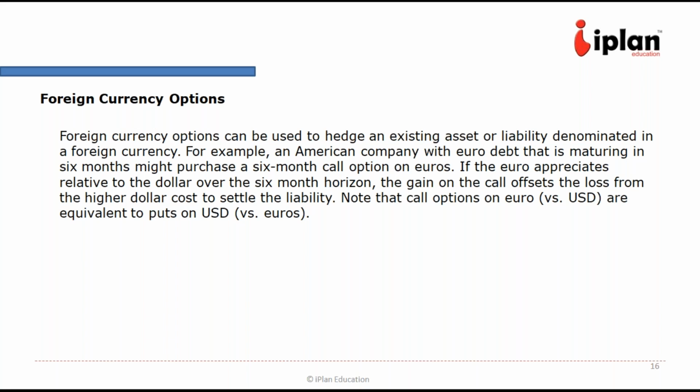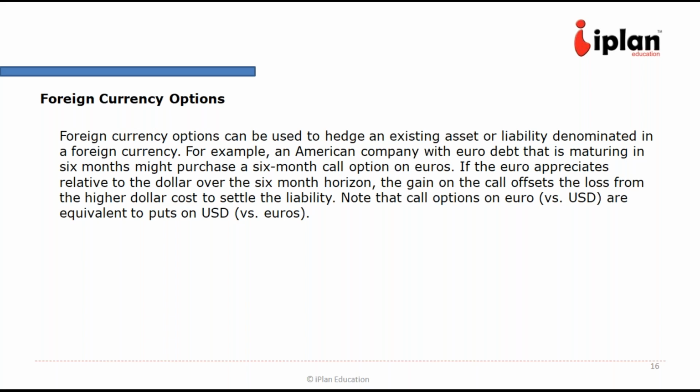option on euro. That is very important because you have taken a euro debt, and let's suppose you have to pay in euro, and in future your local currency value reduces. Then in that situation, what will happen? You have to pay more local currency to buy euros and to pay off your debt.